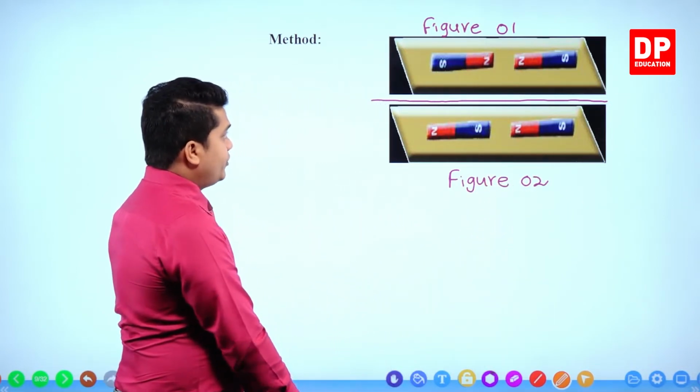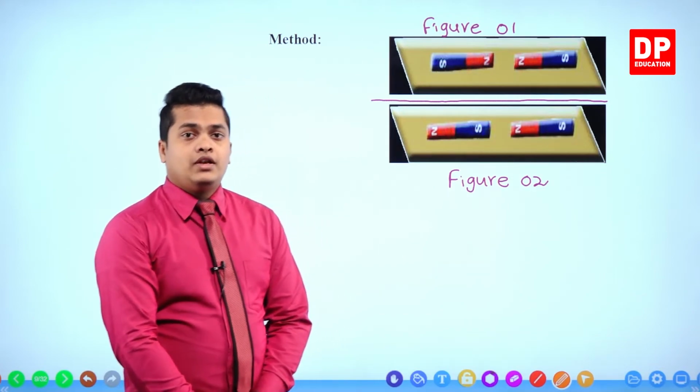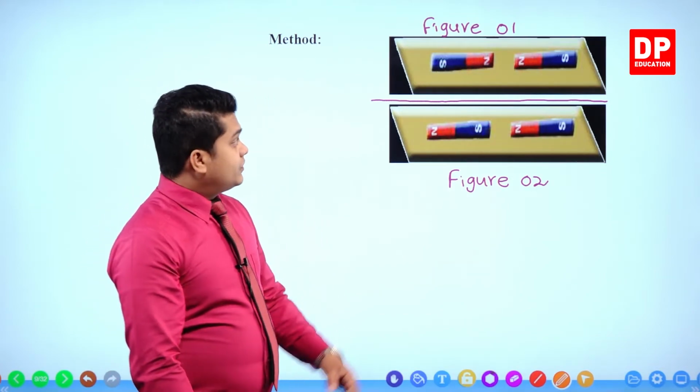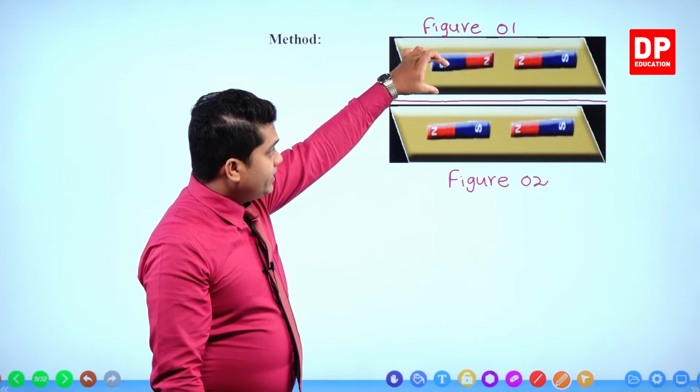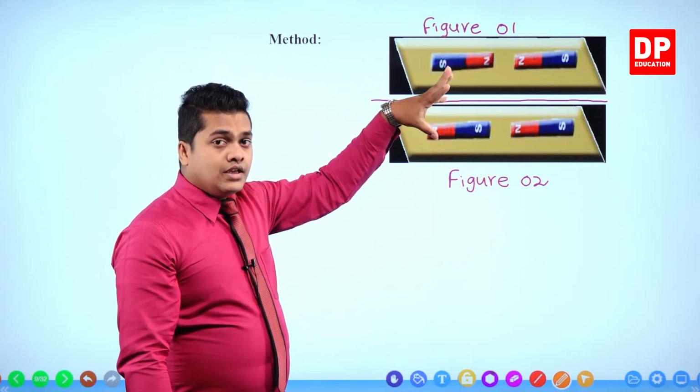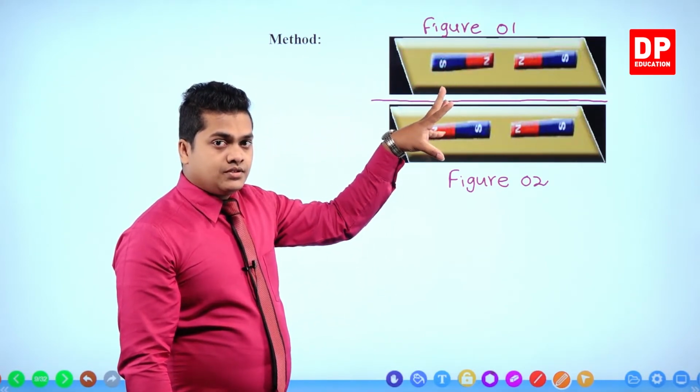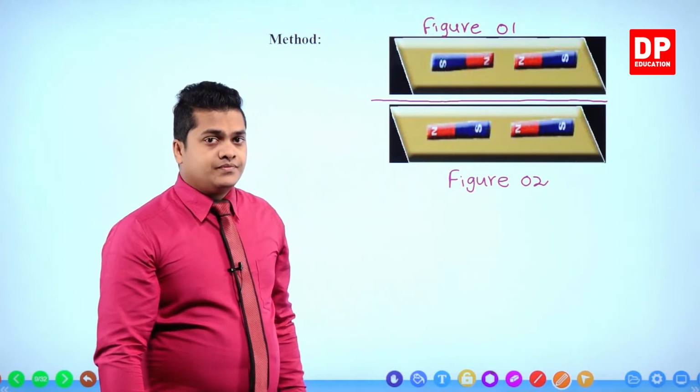What you have to do here is, first of all, place these 2 magnets within the rigiform sheet according to the figure.